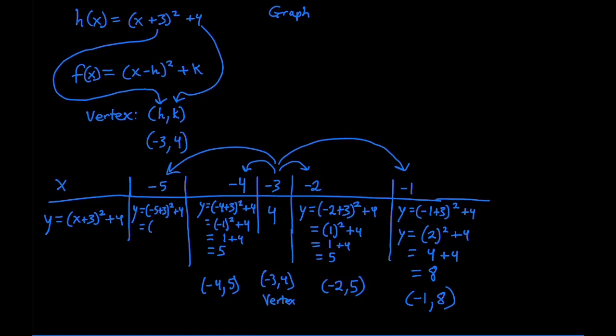And you plug this in, and then you simplify this. This becomes 4 plus 4, which means this is 8. And so you see the y-coordinate is the same as the other one when it went 2 to the right. So that's how we can check that you have the right y-coordinate. So we have the vertex and 4 supporting points. That's everything we need to graph this.